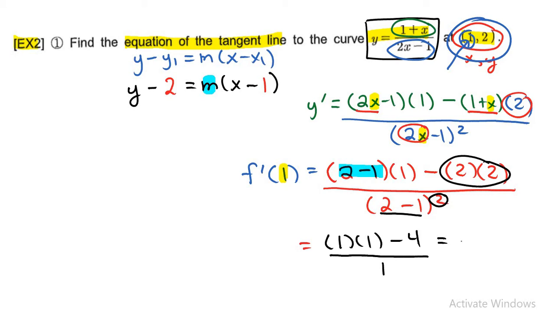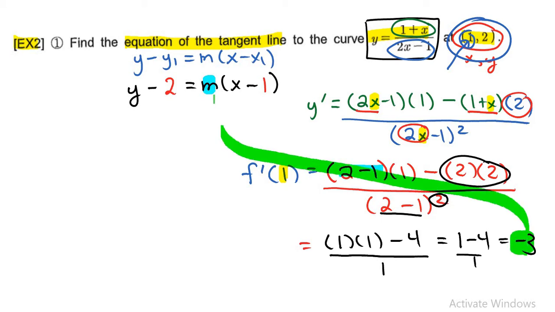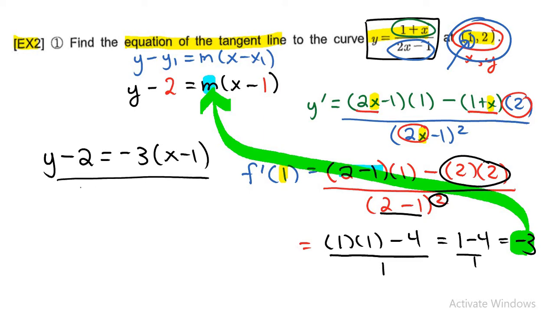So if I evaluate, that would be 1 minus 4 over 1, which equals minus 3. Alright, so minus 3 is my derivative value, so I take this value right here and I plug it in for my m value, and now I can finish off the problem by writing out the final answer, which is y minus 2 equals negative 3 bracket x minus 1. So there is my equation of the tangent line.